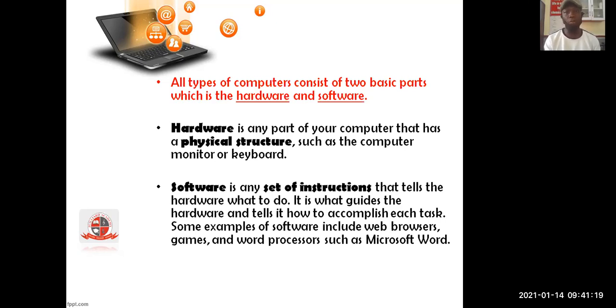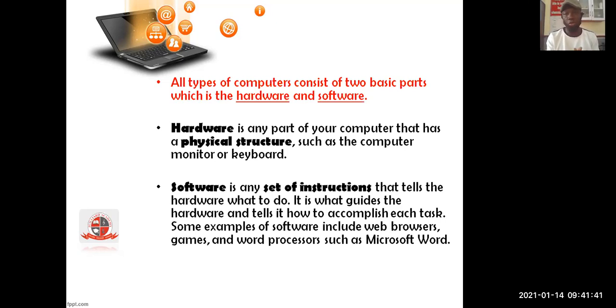Software is a set of instructions that tell the hardware what to do. Another name for software is programs. Step by step, a set of instructions that tell the hardware what to do. Codes written in the back end to tell the hardware what to do.